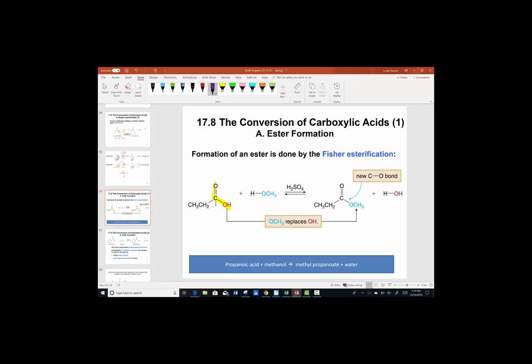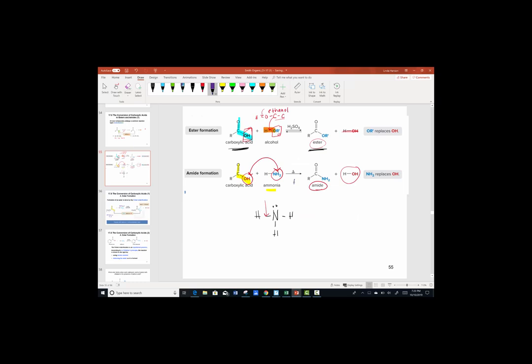This carboxylic acid has 3 carbons, so this is propanoic acid. We're reacting it with an alcohol, and the alcohol has 1 carbon, so we've learned to name it with the OL ending. This would be called methanol. And here we have an acid catalyst.